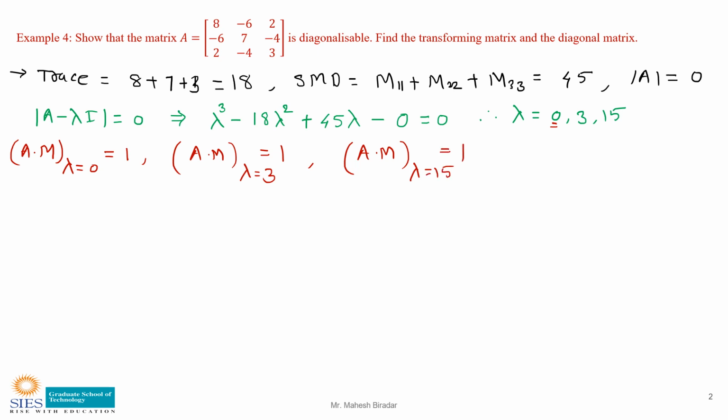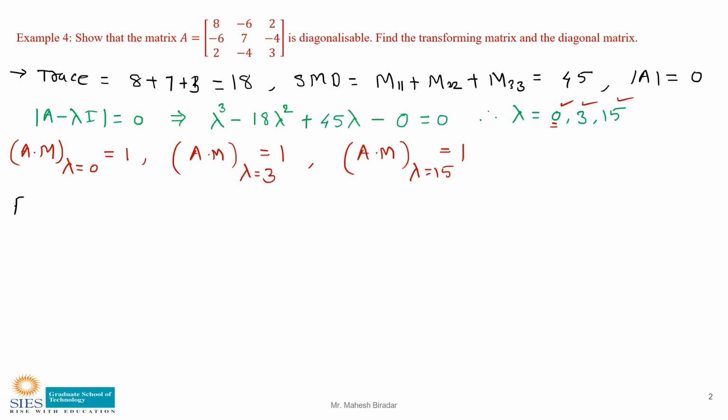The number of times a value has come is the algebraic multiplicity. Now, we have discussed in previous videos also, if an eigenvalue is non-repeated, then there is definitely one eigenvector associated with each eigenvalue.